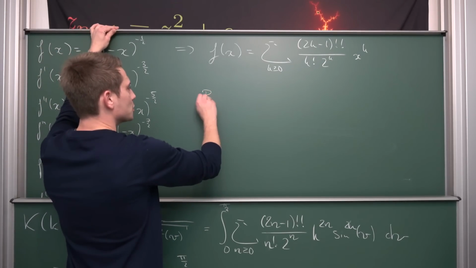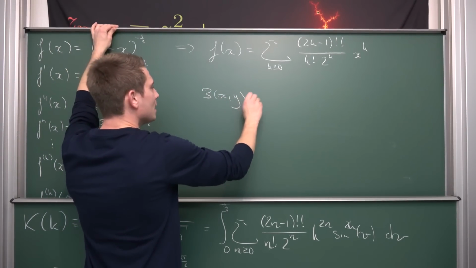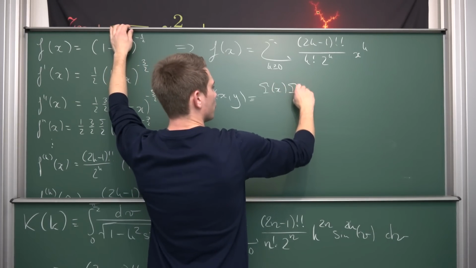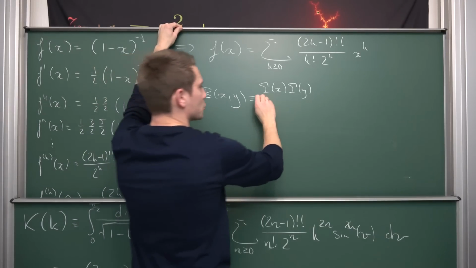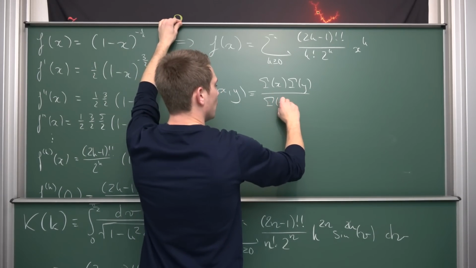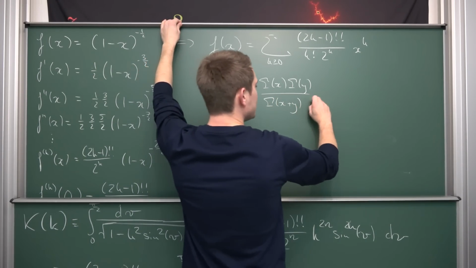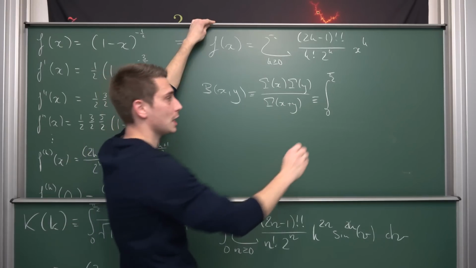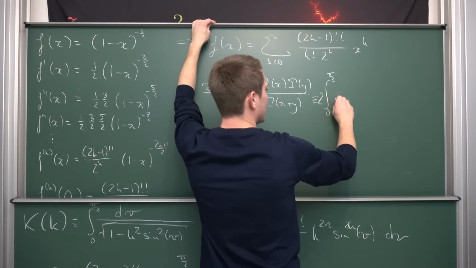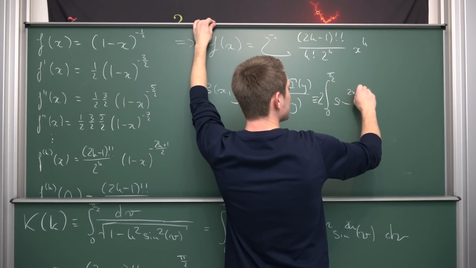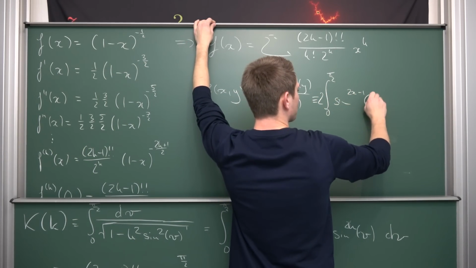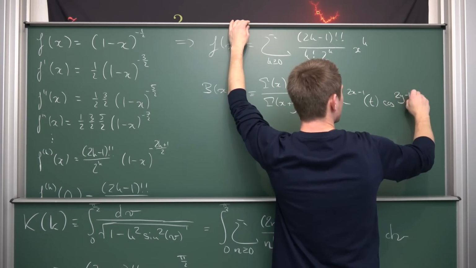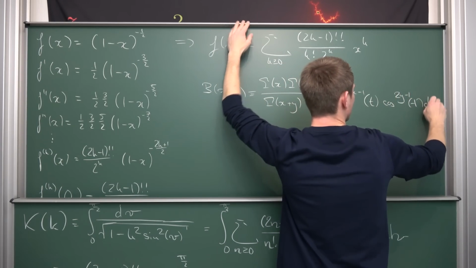So our beta function of x comma y has been defined as being gamma of x times gamma of y, you can as always find the link down there in the description, divided by gamma of x plus y. And also by definition this has been the integral from 0 to pi over 2 of 2 times sine to the 2x minus 1 of t, and then times cosine to the 2y minus 1 of t, integrated with respect to t.